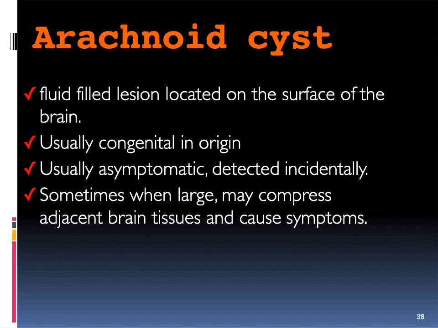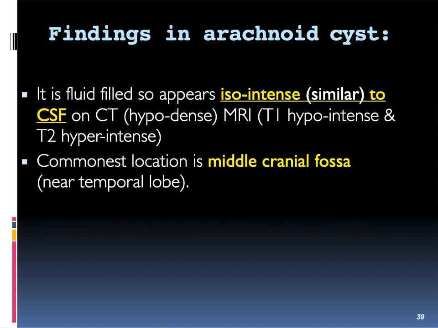And then we will go through some of the common lesions. Arachnoid cyst gives you the features of CSF but in an abnormal site. Congenital, it is usually seen incidentally and asymptomatic, but sometimes it becomes large and gives you some symptoms.